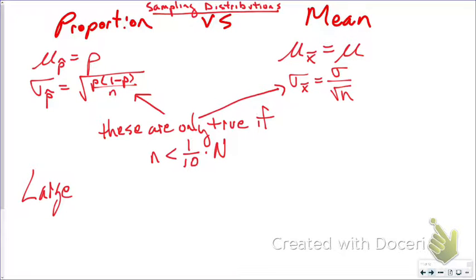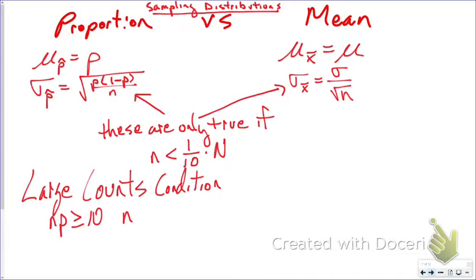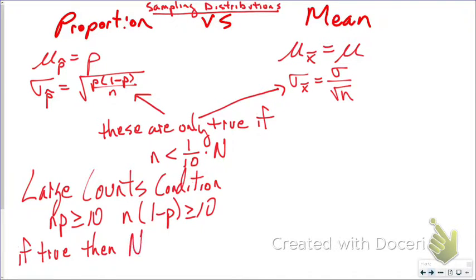All right, we also have shape. In proportion world, we have large counts: n times p greater than 10 and n times 1 minus p greater than 10. If true, then normal.